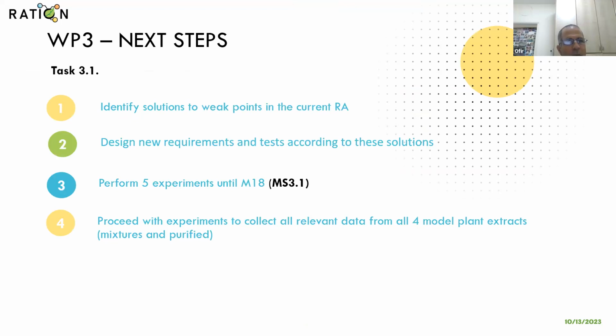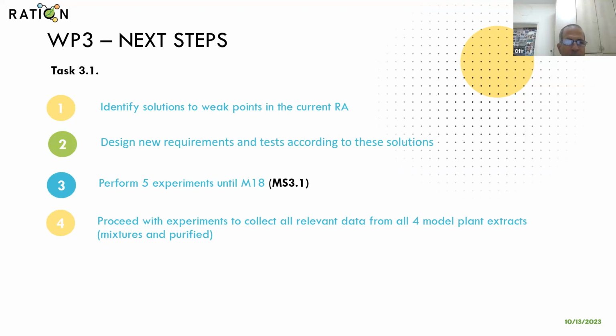I'll go task by task. So start with task 3.1. Step number 1, identify solutions to weak points in the current risk assessment. Step number 2, design new requirements and tests according to these solutions.